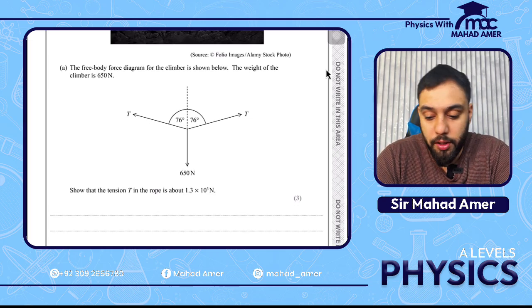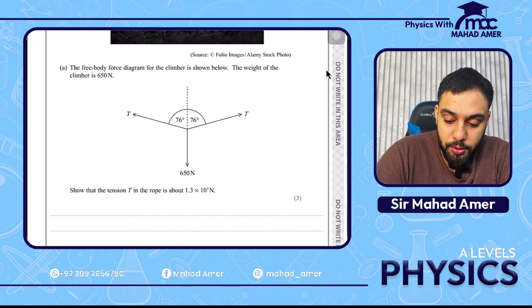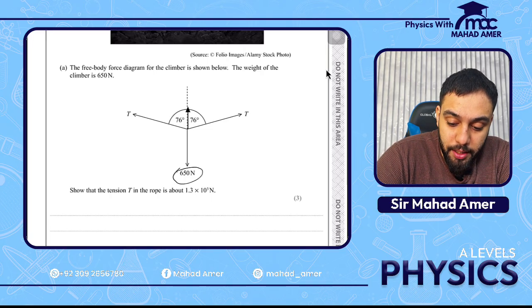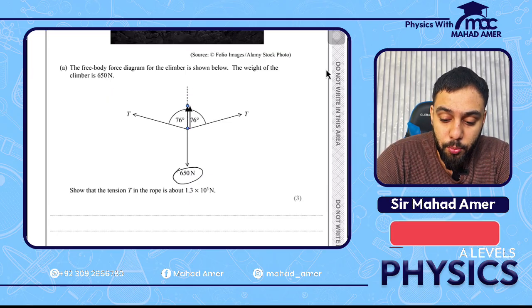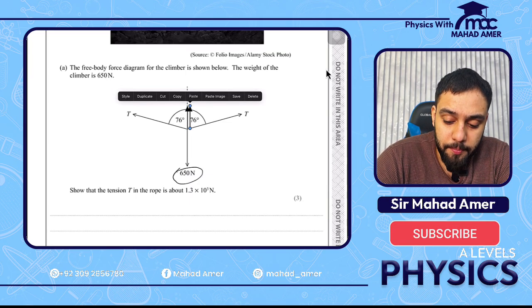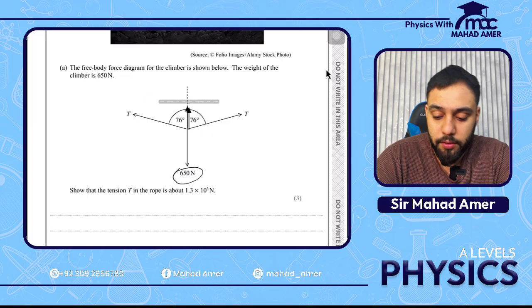Now, you need to realize that the weight is given as 650, and there are two tensions that are balancing that. I'm just going to make these arrows over here. They are basically in the center, but since they would overlap, it would not make much sense. So both of the arrows are basically in the center.